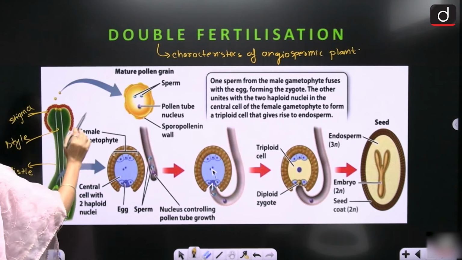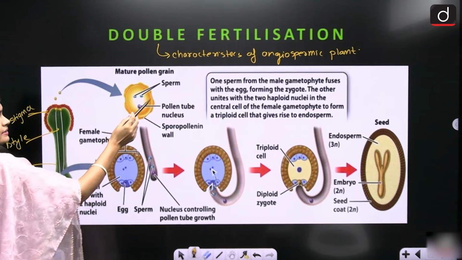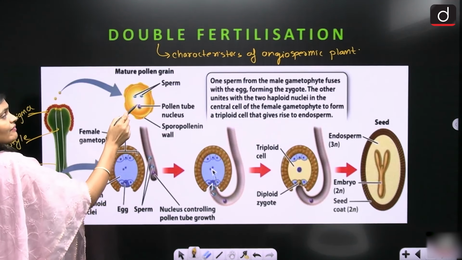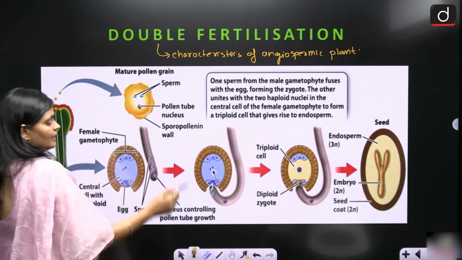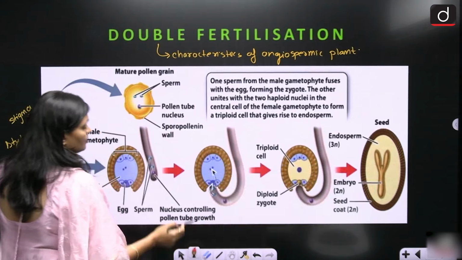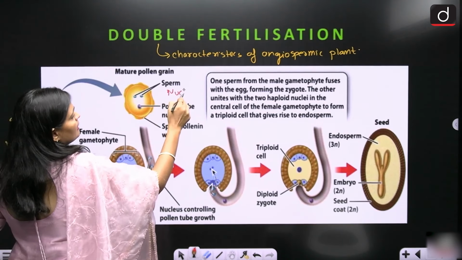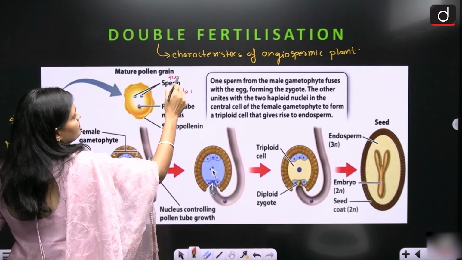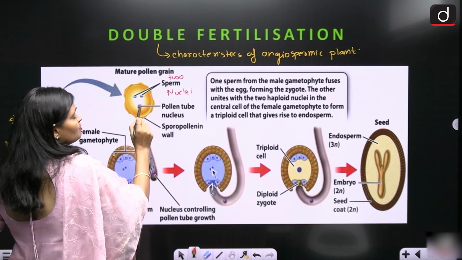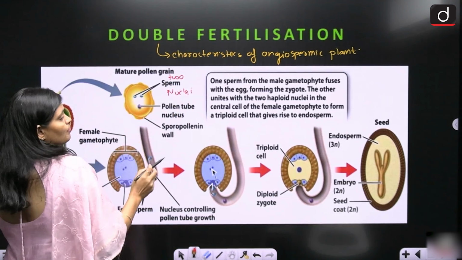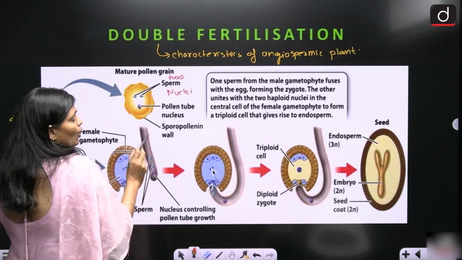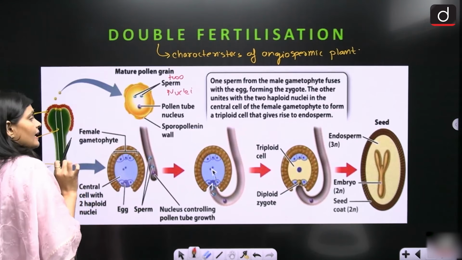Now this is the pollen grain. The pollen grain has two sperm nuclei and a pollen tube nucleus. This is the germ pore which actually converts into a pollen tube, and this is the pollen sporopollenin wall which protects the pollen grain.